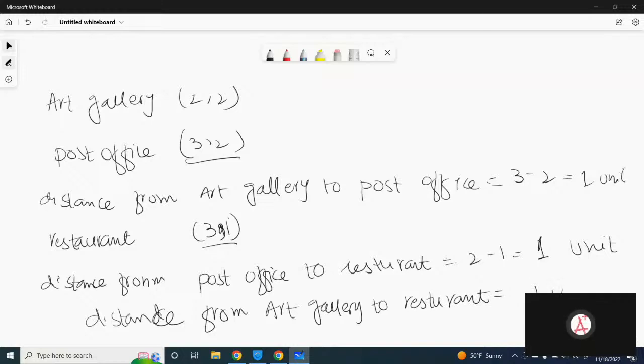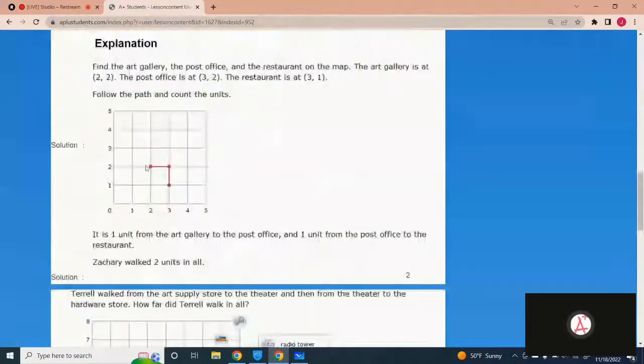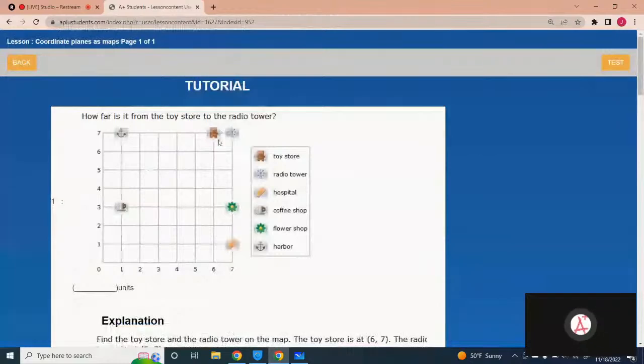Got it? 1 plus 1. That means the total distance he traveled is 2 units. Got it? You can just look at the values on the graph. From here to here, he moved 1 point. From here to here, he moved again 1 point. So it would be 2 units. Got it? Let's start with the test questions.